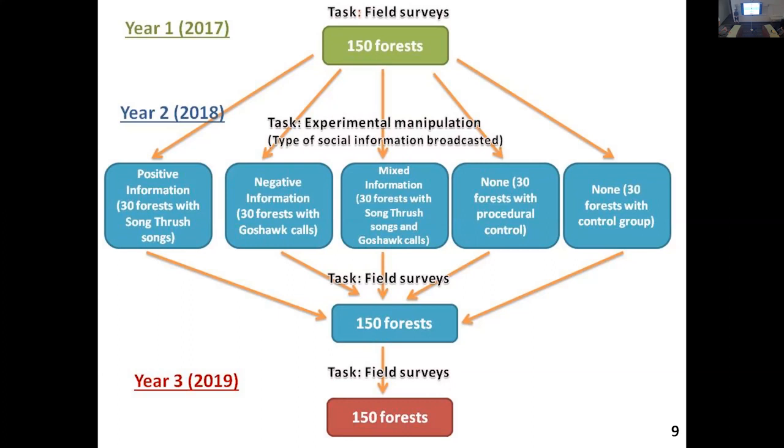Basically, with social information, you can help to overcome the effect of low connectivity between patches. One of my inspirations for the amphibian project was a paper in the US about urban amphibians.